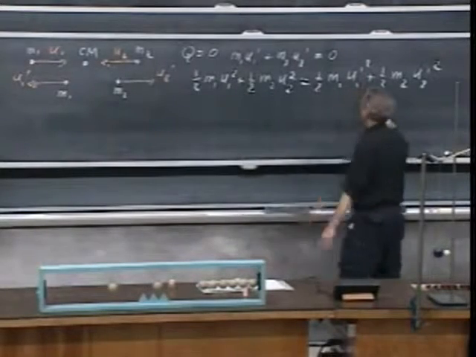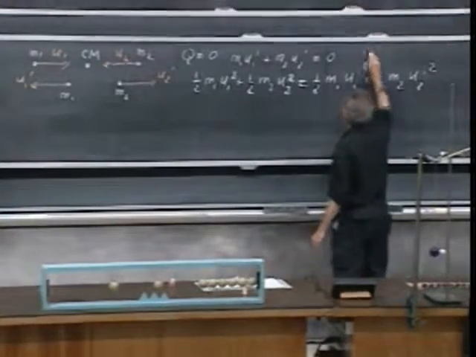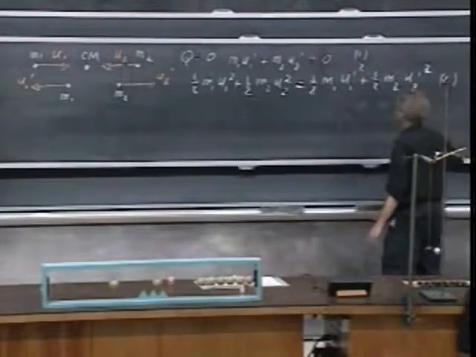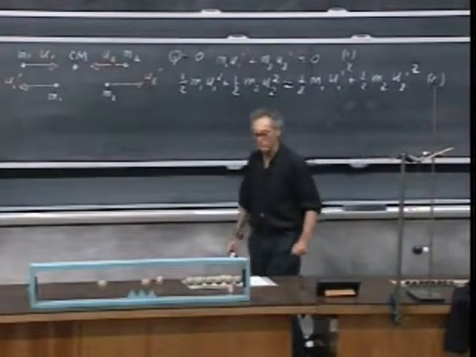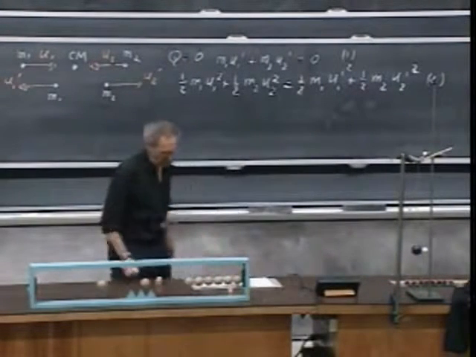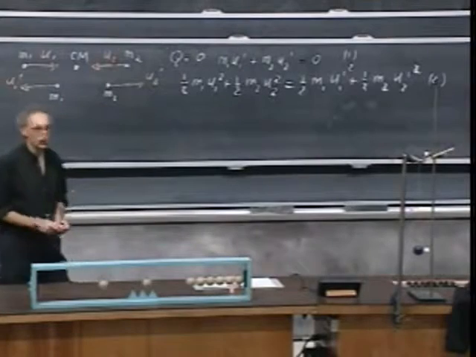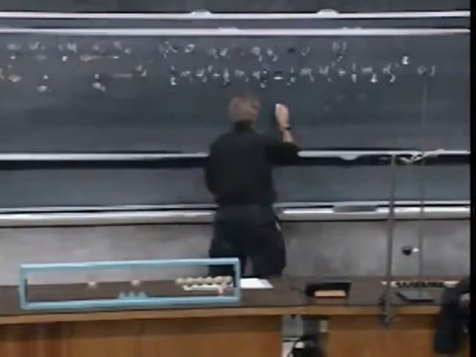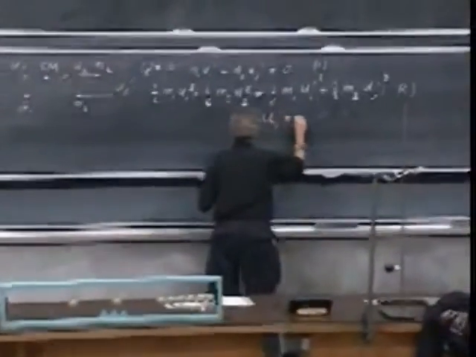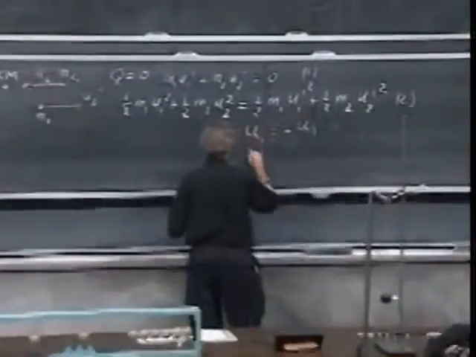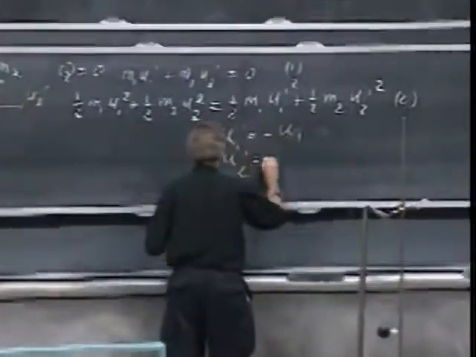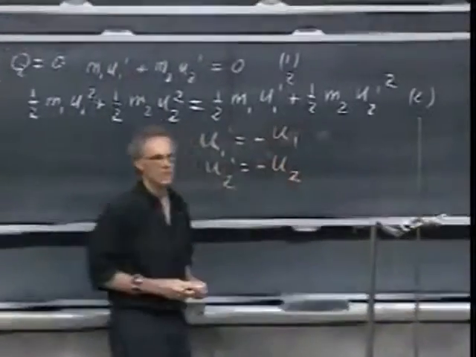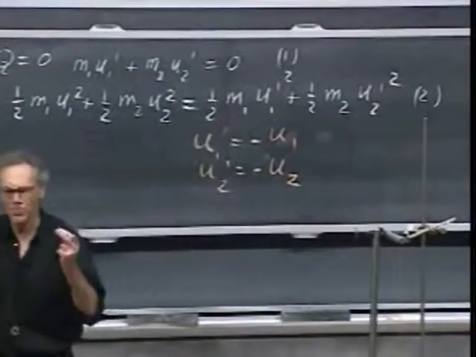Kinetic energy before, kinetic energy afterwards. Equation 1, equation 2. Nature can solve that quicker than we can, and the result is amazing. The result in the center of mass is that u1 prime equals minus u1 and u2 prime equals minus u2.